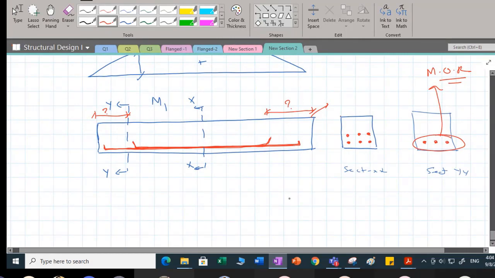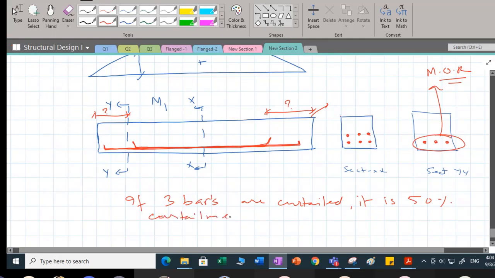If 3 bars are curtailed, what does it mean? You will say that it is 50% curtailment. 3 divided by 6 into 100, so you'll say it is 50% curtailment.